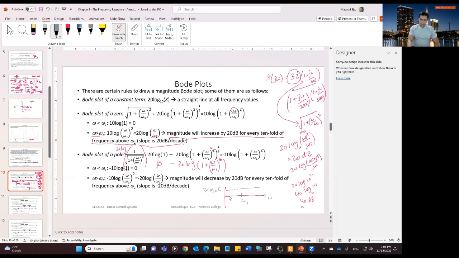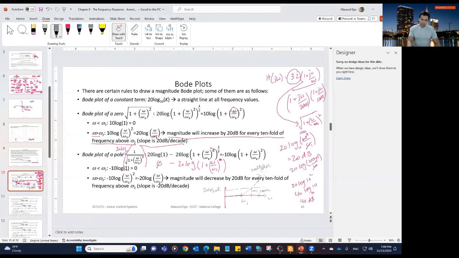A zero produces 20 dB per decade. A line which will be 0 up to omega 1, and then it's going to increase at 10 omega 1, 100 omega 1, by 20 decibel each time. The frequency is multiplied by 10, a decade of frequency.